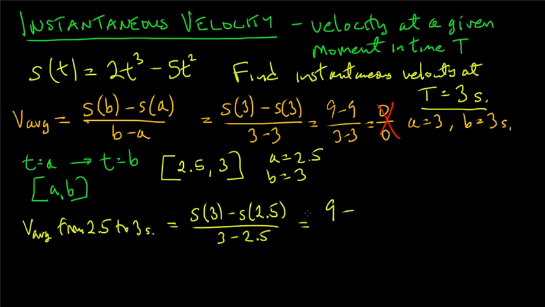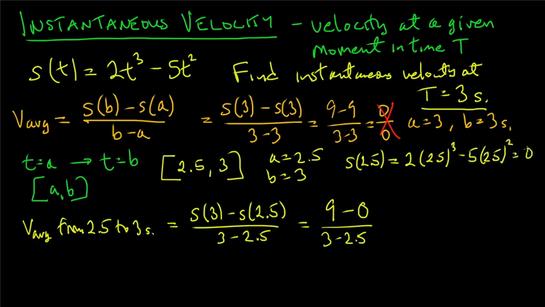We never calculated s of 2.5, but we can do that now. And oddly enough, it's just 0. Plug in 2.5, you get 2 times 2.5 cubed minus 5 times 2.5 squared, and that turns out to be exactly 0, according to my calculator.